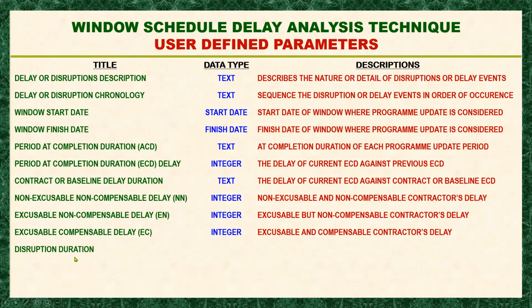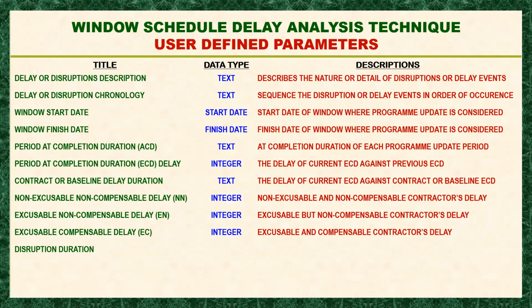Okay, disruption duration. So this one, when we say disruption, actually most of the contractors are claiming only for the cost of the disruption, if there is an actual cost due to the disruption. Or in some cases, the contractors have access to do the job and the people are on site to execute the jobs, but because of the access, they cannot execute their work.